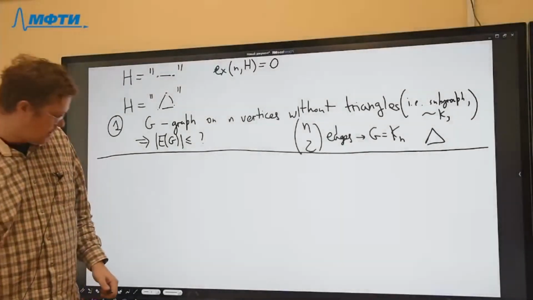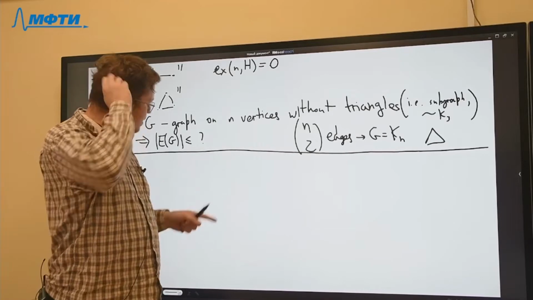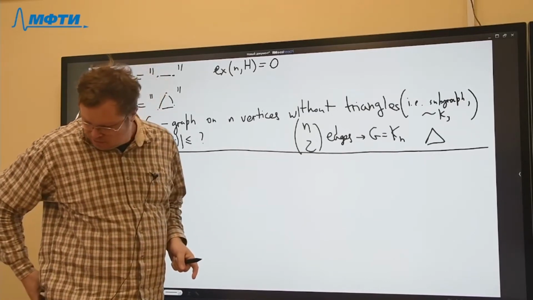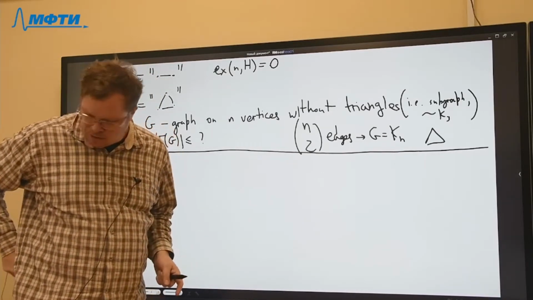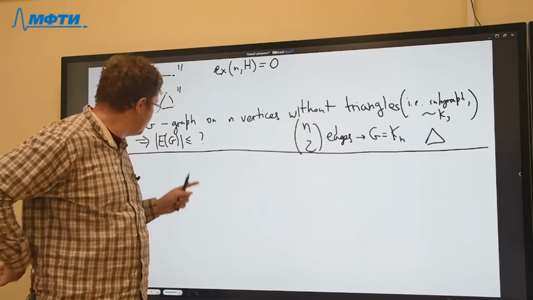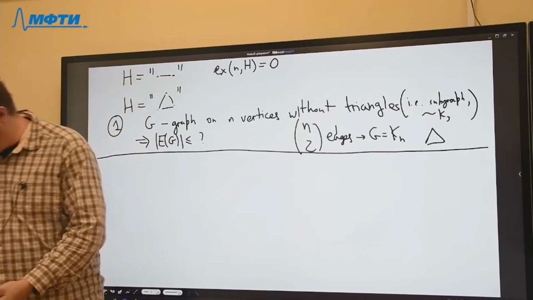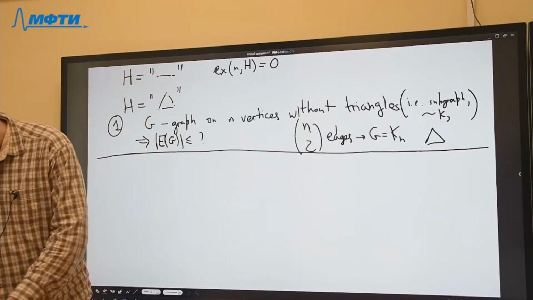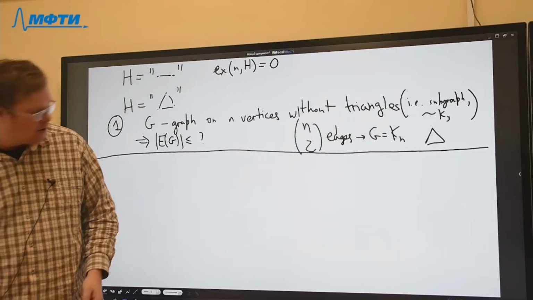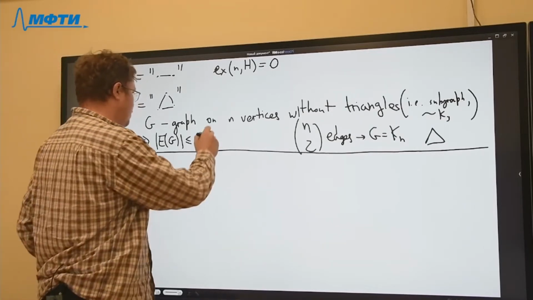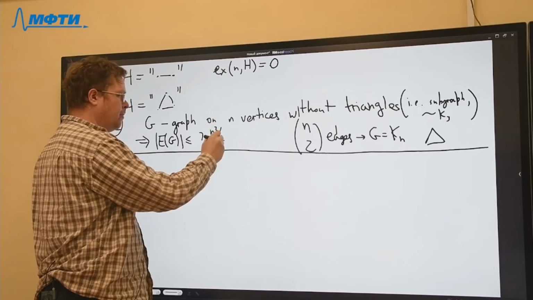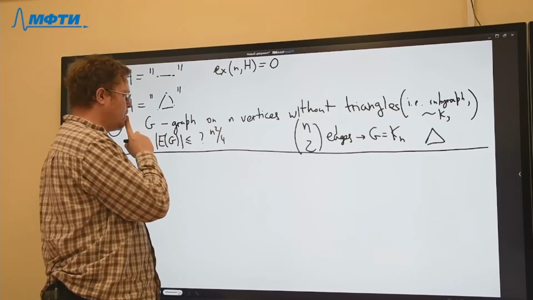Okay, does someone have any ideas? Maybe some ideas of what is the number of edges in G? And an example of a graph without triangles.